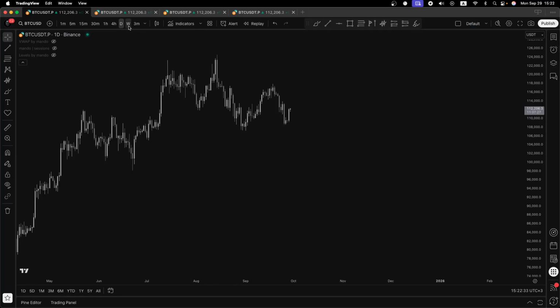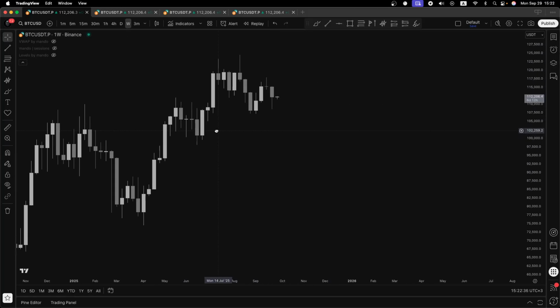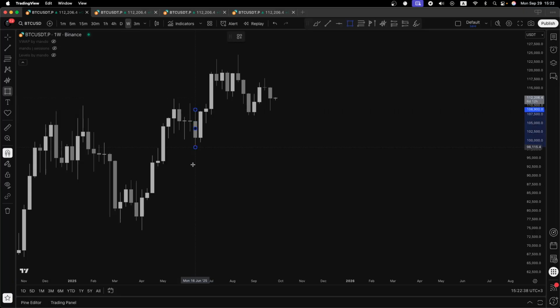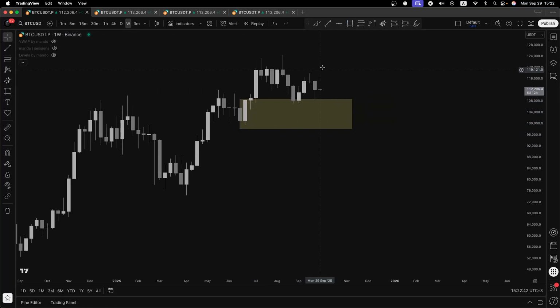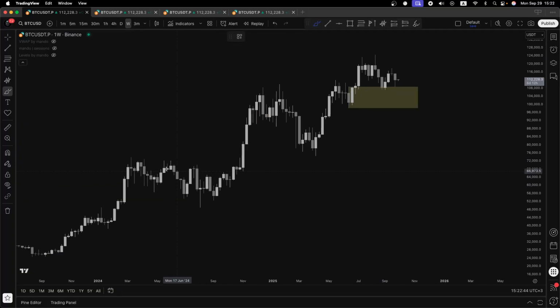On the daily, also something else about here. We do have support here, internal support, right? Because how is the structure? Highs, lows, highs breaking, lows holding, highs, and now we do have internal structure forming, right?